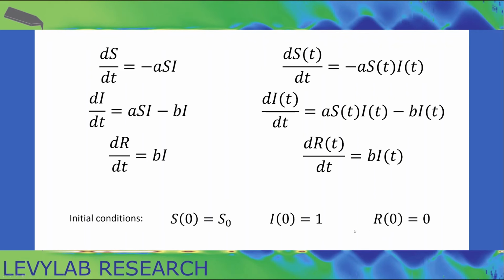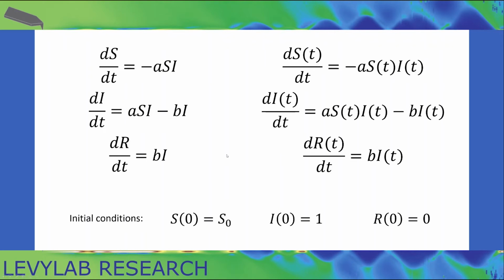So these are the equations. What I want to point out here is that this class of coupled differential equations is basically nonlinear, because you have a variable times another variable on the right-hand side here and over here.